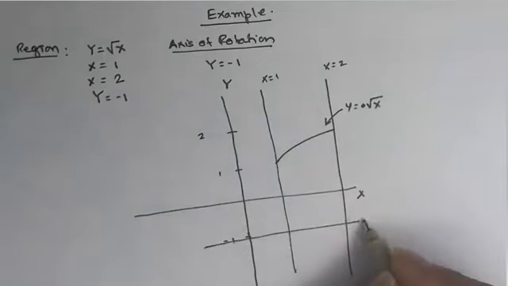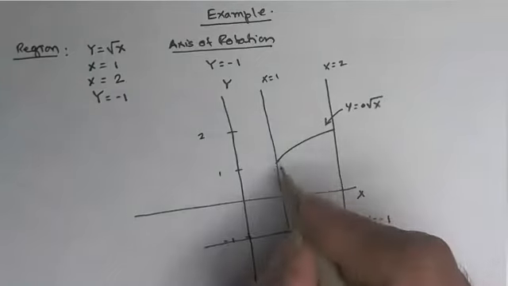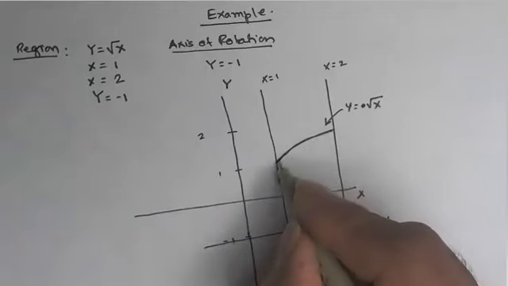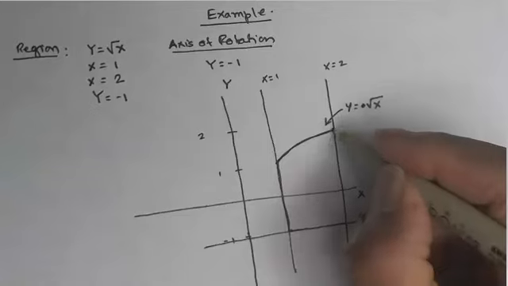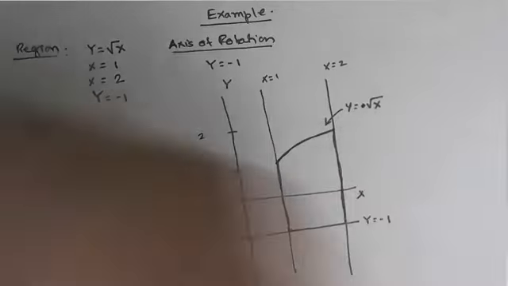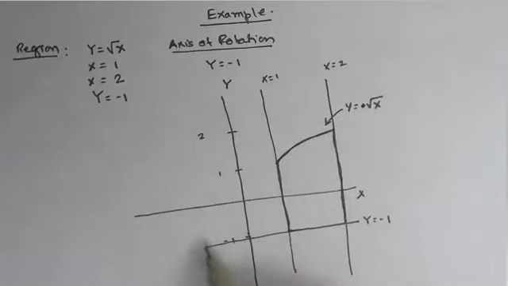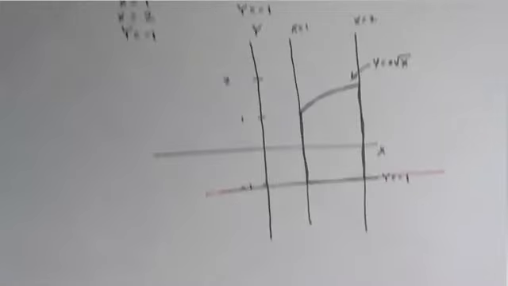This is the line y equal to minus 1. So that's the region that we have to rotate, and we have to rotate it around the axis y equal to minus 1.